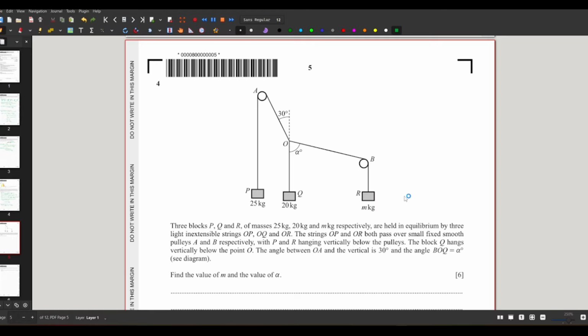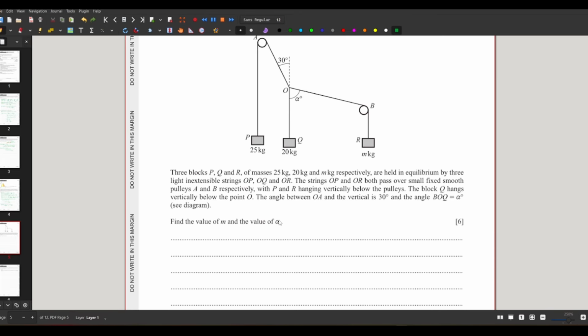The strings OP and OR both pass over small fixed smooth pulleys A and B respectively, with P and R hanging vertically below the pulleys. The block Q hangs vertically below the point O. The angle between OA and the vertical is 30 degrees and so on. Okay, so find the value of M and the value of alpha.